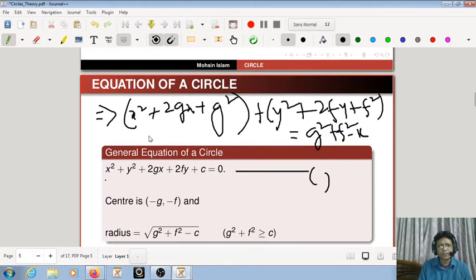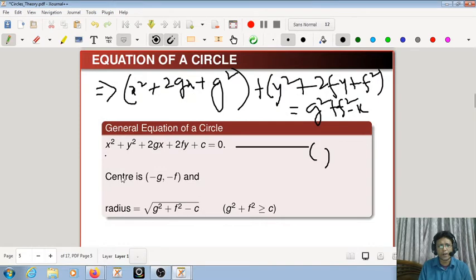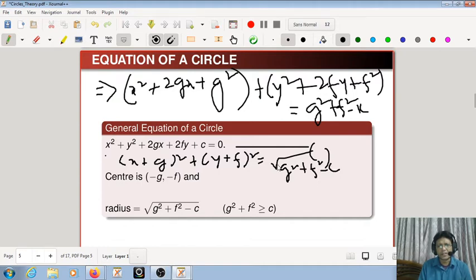You look at that, your left hand side is (x plus g) whole square plus (y plus f) whole square, and the right hand side you have root over g squared plus f squared minus c, whole square. Clear?